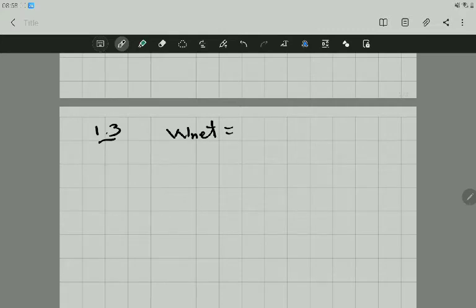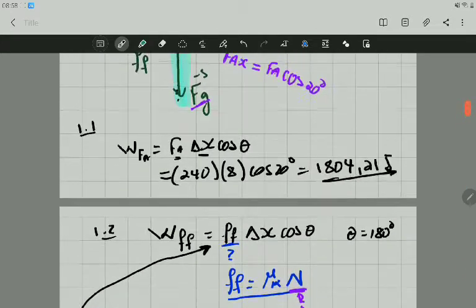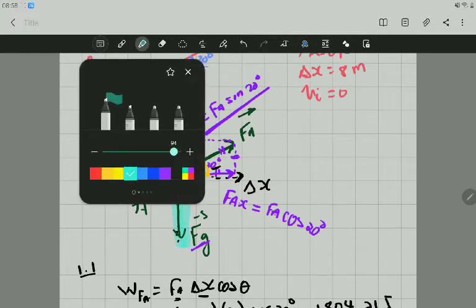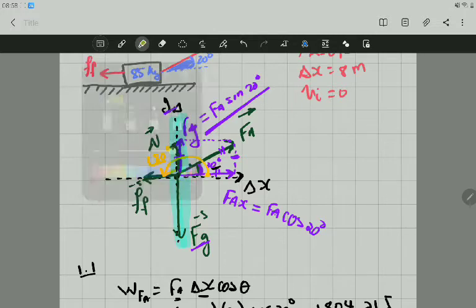Now, if we go to the free body diagram, the forces that act there are the applied force. Let me just probably do this so we can see. Okay, the forces are the applied force, the normal force, the frictional force, and the gravitational force. We have 4 forces.